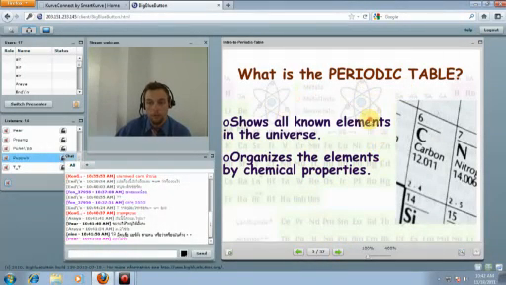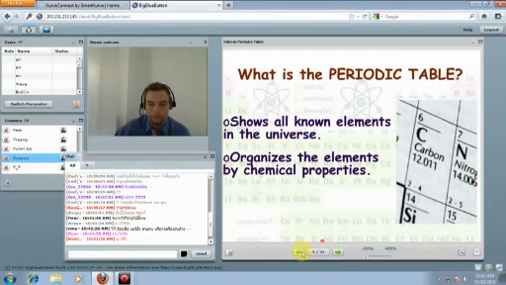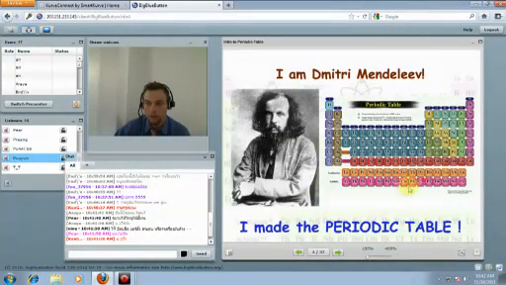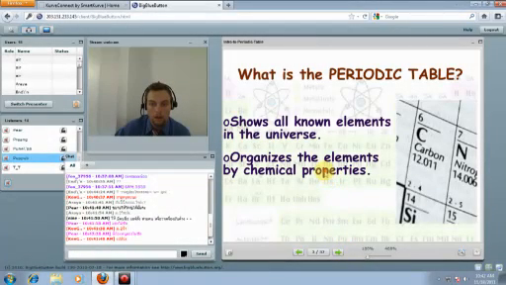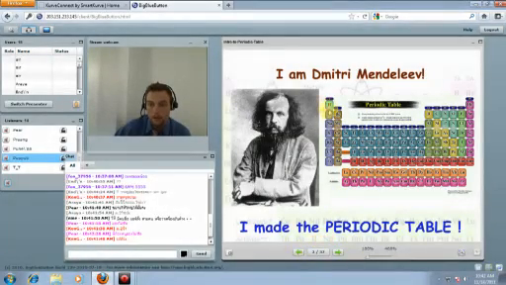What is the periodic table? So this is the periodic table. It shows us every element on Earth. Every thing that's on Earth is made up of one or more of each of these elements. The organization.